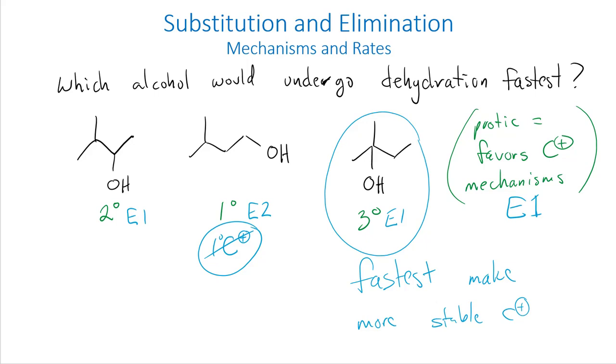And this is just like SN1 and SN2. But because our conditions are protic, we're favoring the carbocation mechanism, the E1, over the E2. And so we're following the rules of rate for the carbocation mechanism, which is, again, the formation of the more stable carbocation is what's going to make the reaction go faster.